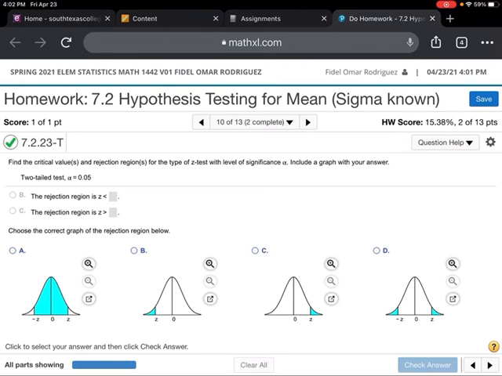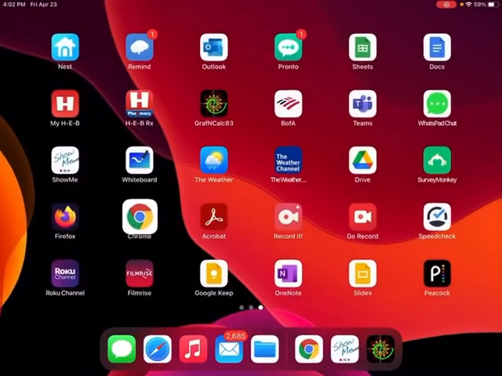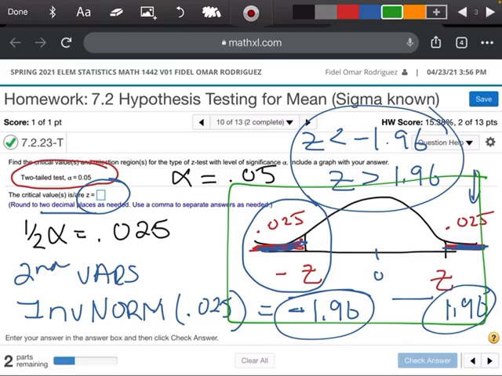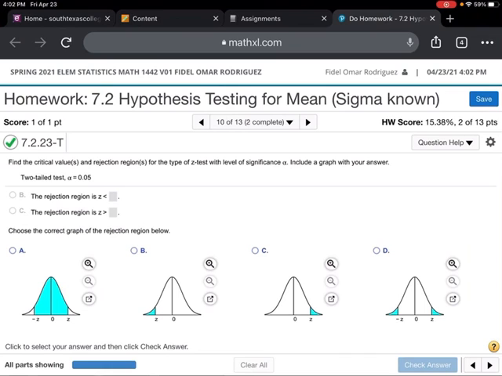So what I want to do is look at my choices in my graphs, A, B, C, and D, and say which one of those graphs best looks like what we had right here. So if I look at what I just put in that green box, and I look at the graph that I have here, it looks like choice D, so I'm going to select D. I'm going to check my answer again, and we got it, okay?